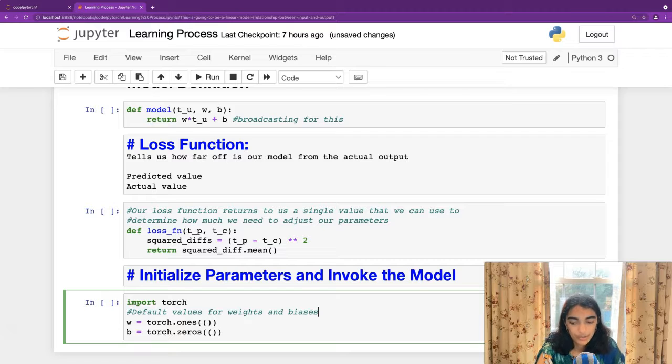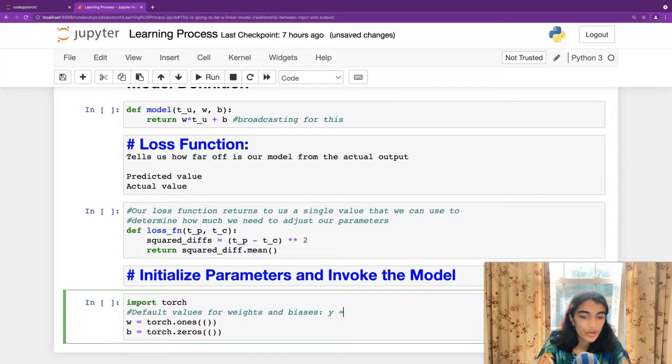We're creating a tensor full of ones and a tensor full of zeros, and this makes sense, right? Our default y-intercept is 0, so it's going to pass through the origin. It's not going to do anything fancy like have our y-intercept be 4 and our slope be 52. No, our slope is just 1. It's just y equals x plus 0. Okay, so this is what we're doing here.